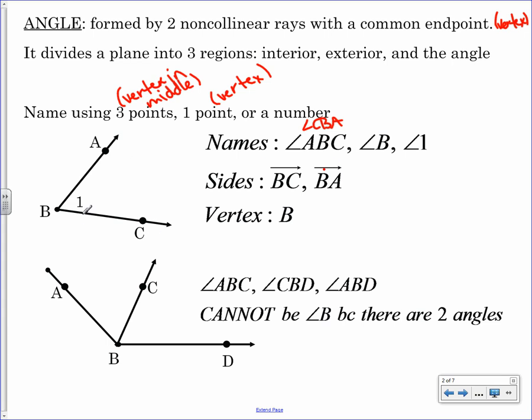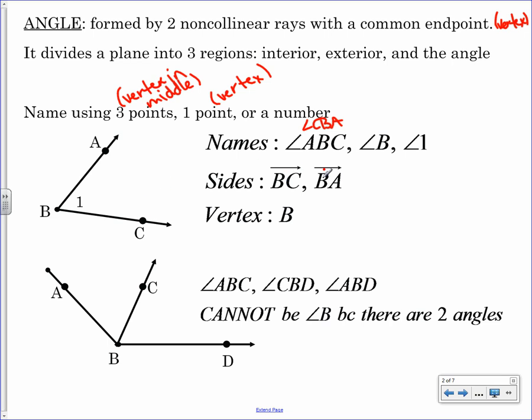That's not the same thing. Do you guys get what I'm saying? Okay, I could call it just angle B, the vertex. I could call it just angle 1. All of those are acceptable ways to refer to this angle. Is that okay? Okay. The sides of it are rays BA and BC.